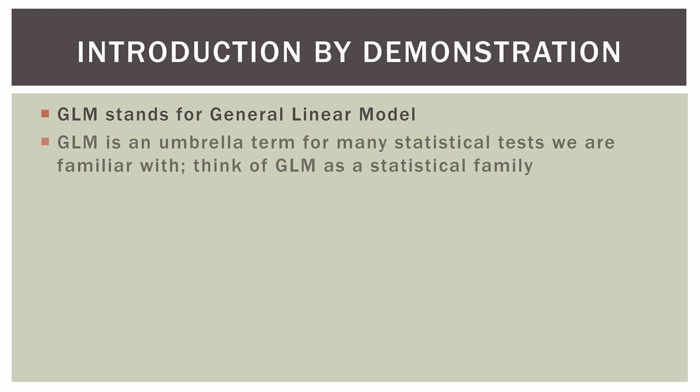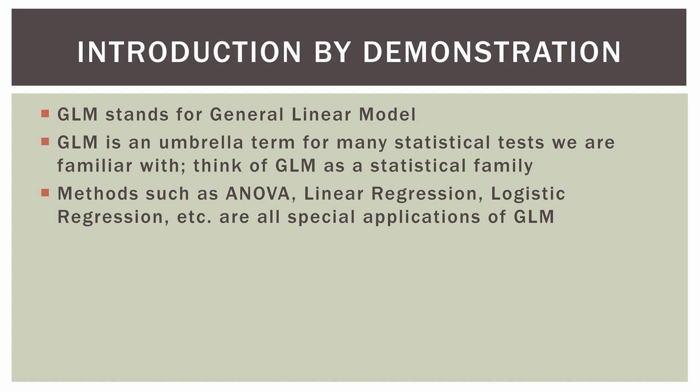So as I mentioned, this will be introduction by demonstration. So GLM stands for General Linear Model. GLM is an umbrella term for many statistical tests we are familiar with. So think of GLM as a statistical family. Methods such as ANOVA, linear regression, logistic regression, etc., are all special applications of this umbrella concept of GLM.